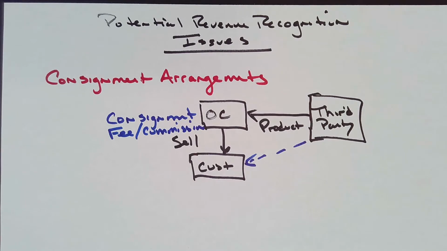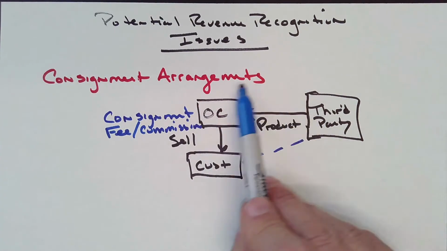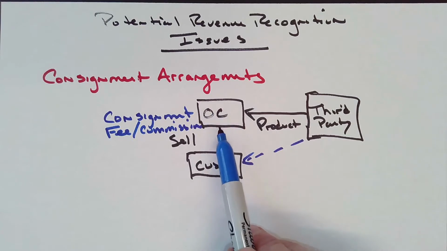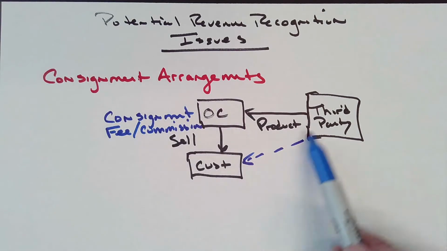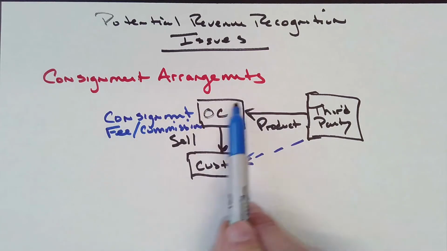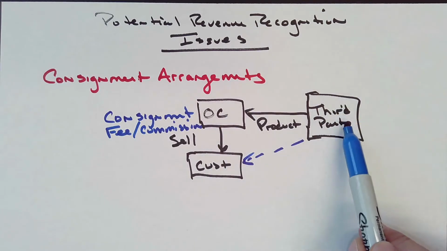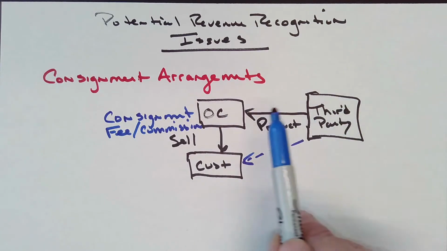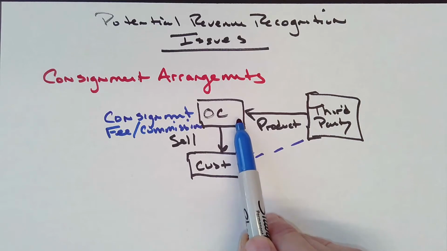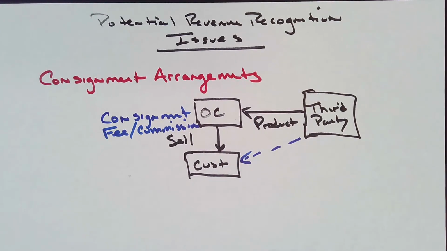So when we are taking this product, it's not going into our inventory. And when we sell it, we shouldn't recognize the full amount of the sale. The only revenue we should recognize is the consignment fee, because that's all we've got for revenue. Because this entity still theoretically has the risk of the product inventory sitting at our company.